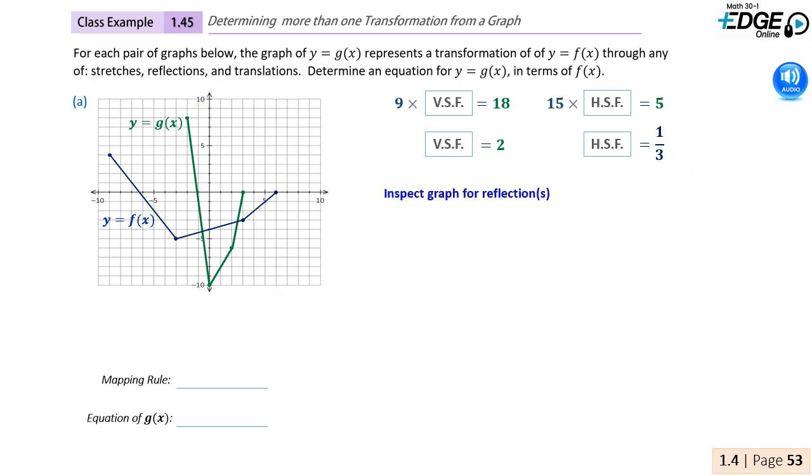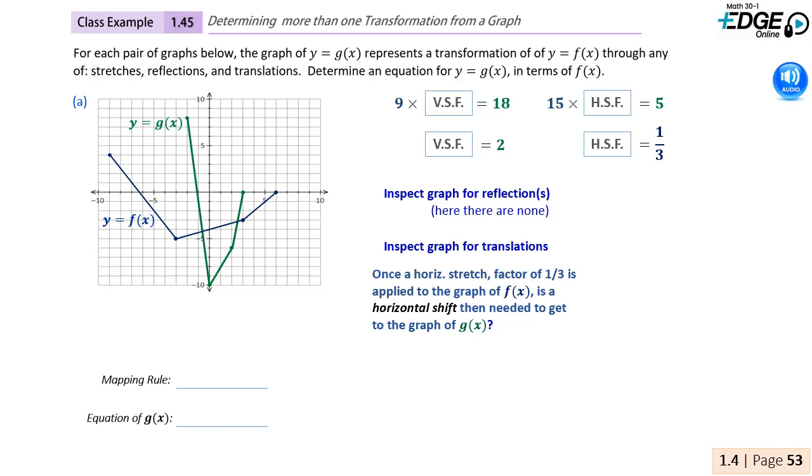Now we want to know, were there any reflections? Well, both graphs open up, and both graphs have their highest point to the left and, in fact, lowest point to the left. This means we see no vertical reflections and no horizontal reflections. Were there any translations? Well, we have to be very, very careful here.